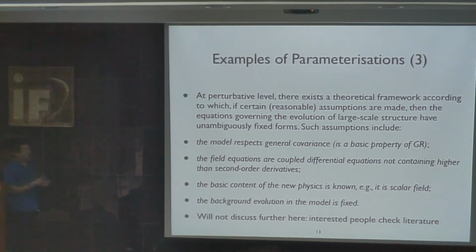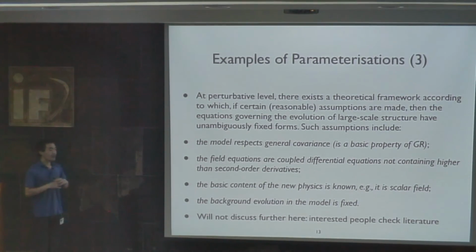And a third example of parameterization is probably more complicated. And this works at the linear perturbation level. So let's say you have a new field, maybe a scalar field. You want to derive the perturbation equations. We have seen perturbation equations in Salman's talk. You want to derive the perturbation equations in this new theory.